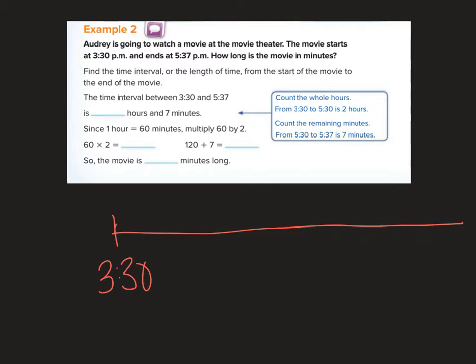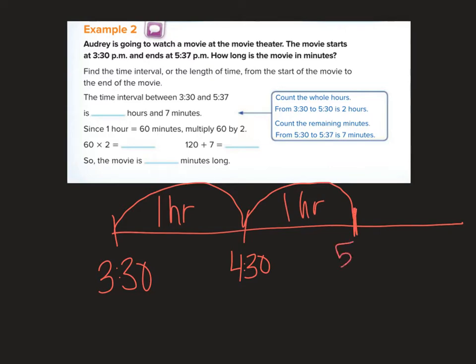So I can make an hour jump. 1 hour. I always see how much I'm jumping by in the top. So now it is 4:30. Can I jump to 5:30? Oh, yes, I can jump to 5:30. 1 hour. Then I need to jump to 5:37. So that's just going to be a small 7-minute jump. And now it is 5:37.